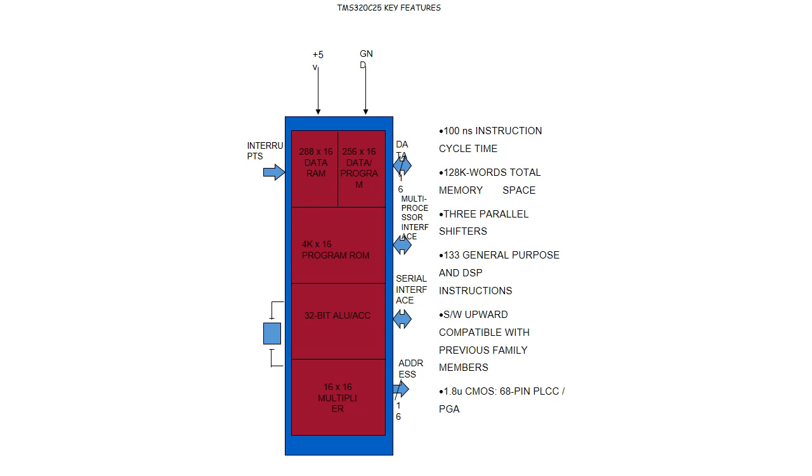It has a 100 ns instruction cycle time, 128K words of total memory space, 3 parallel shifters and 133 general purpose instructions. The devices are upward compatible with previous family members. It uses 1.8 micron CMOS in a 68-pin PLCC or PGA package.